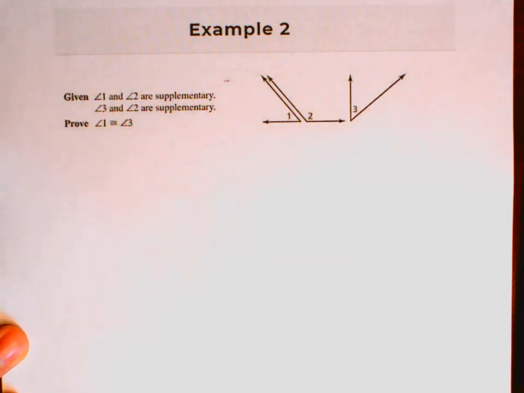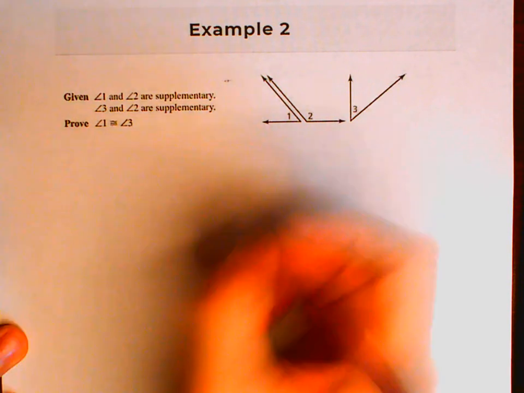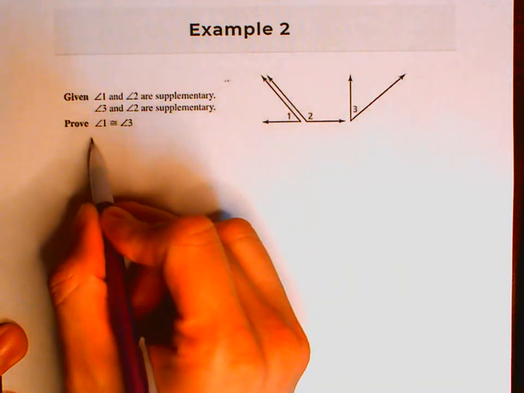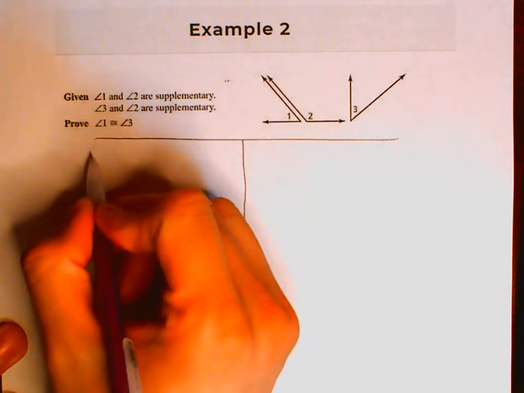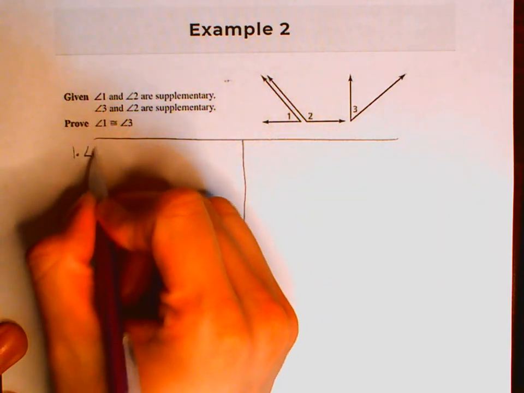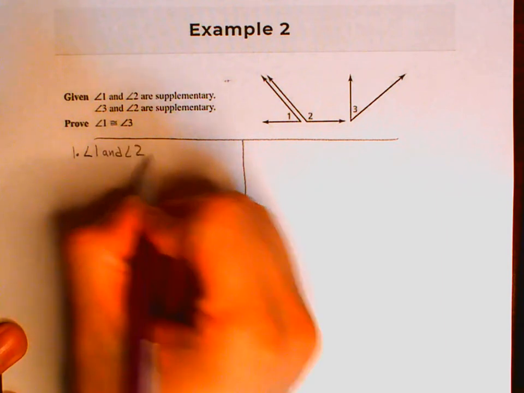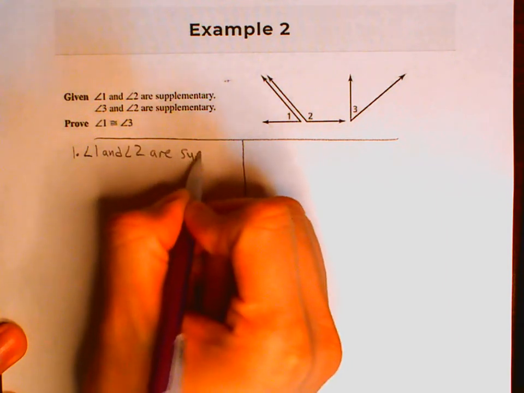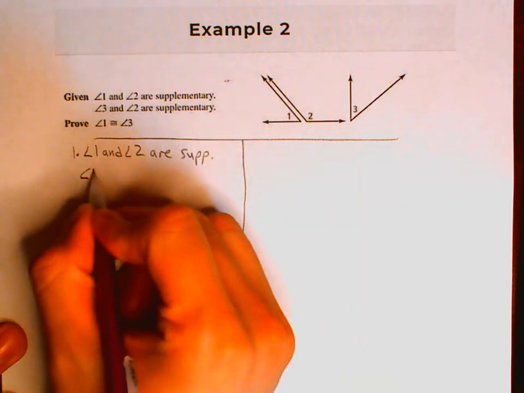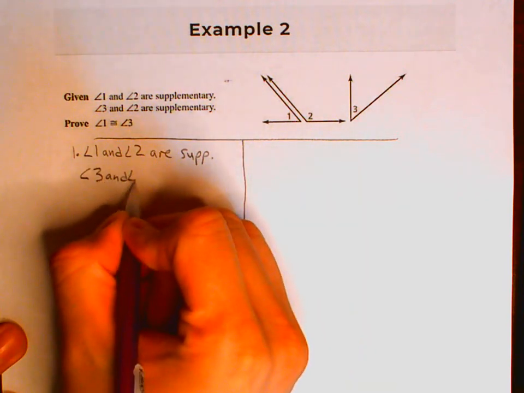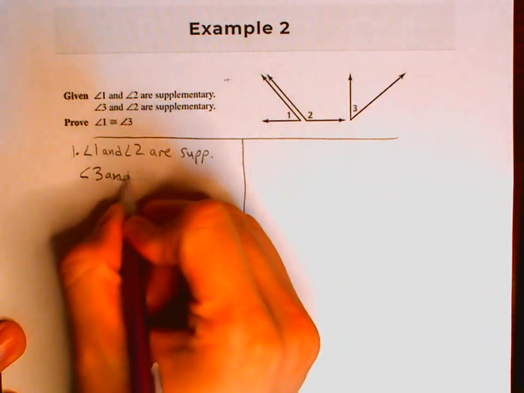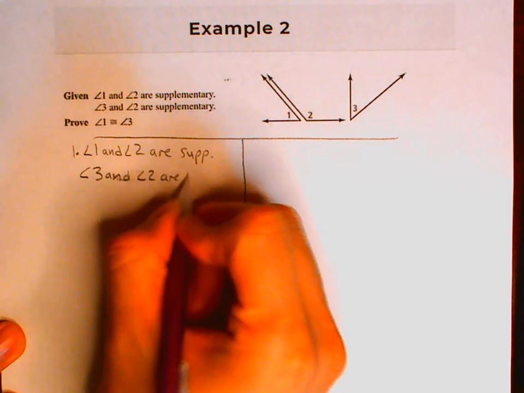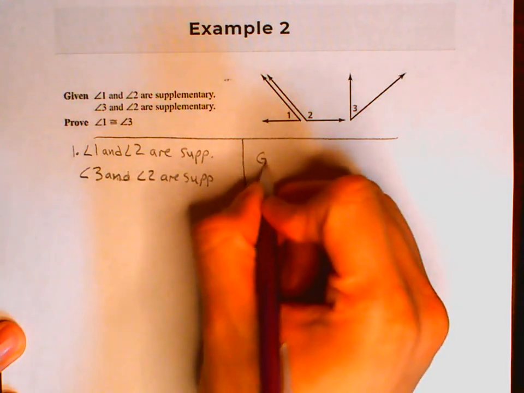Okay, so let's begin. I'm going to try to write small because I know you don't have that much space there. First things first: angle 1 and 2 are supplementary, and angle 3 and angle 2 are supplementary, and that's given.